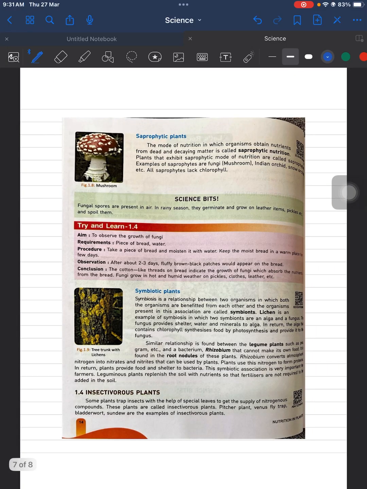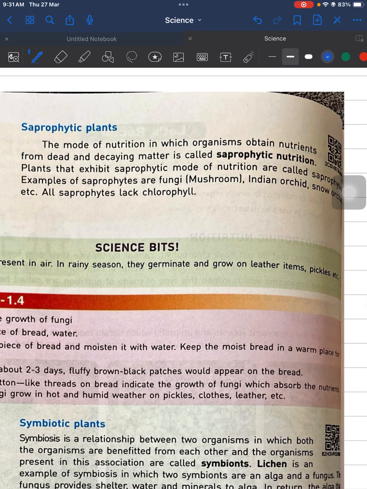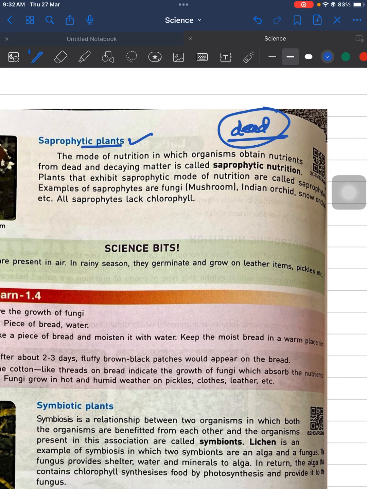Next is saprophytic plants. Saprophytic plants take the food from dead organic matter. There is no living organism as a host; it is the dead matter from which the nutrition is taken up. For example, mushroom.